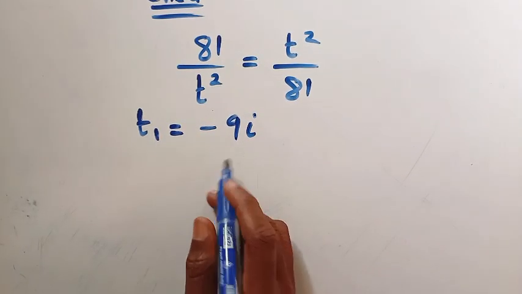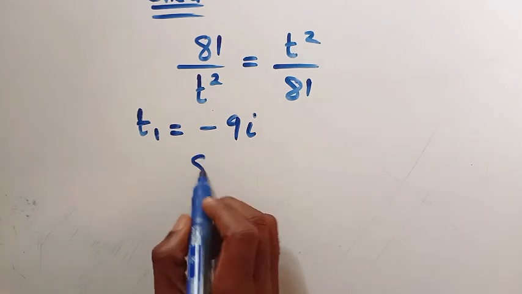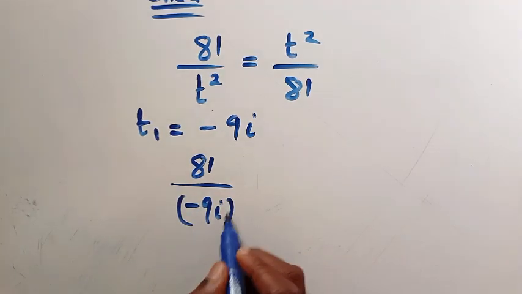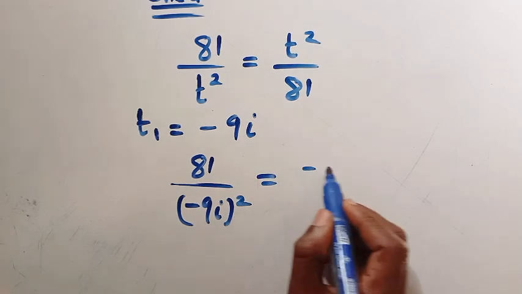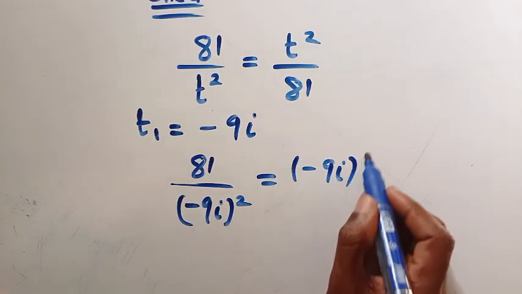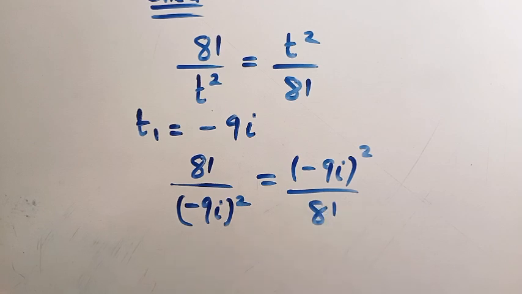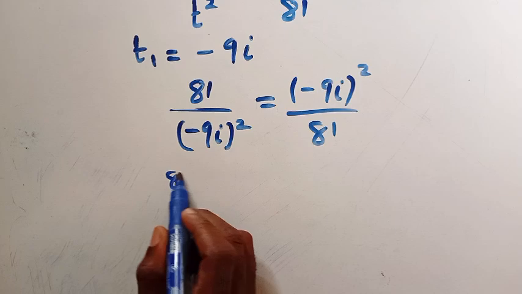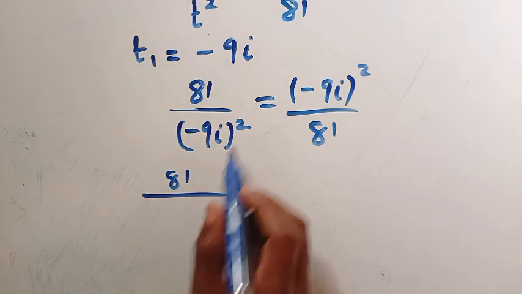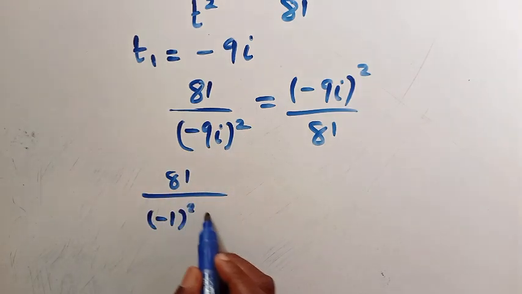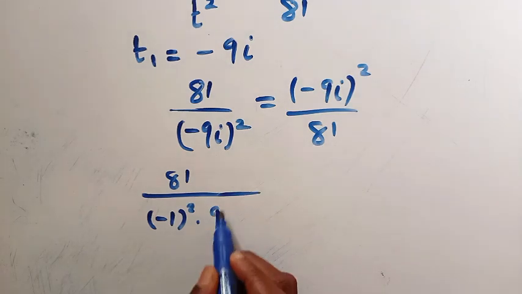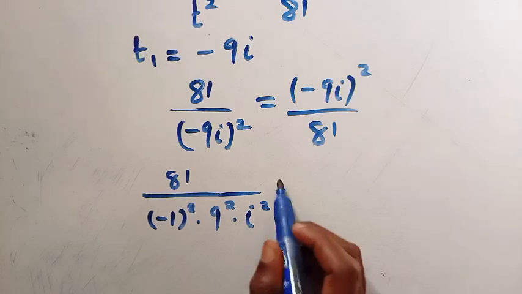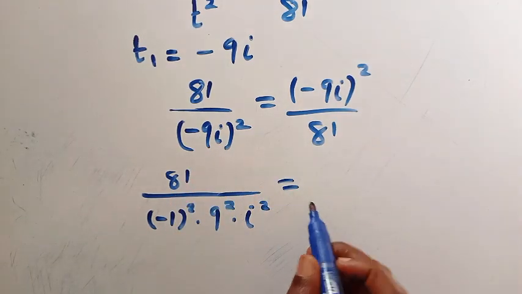If t equals minus 9i, applying the same format, we have 81 over minus 9i squared equals minus 9i squared divided by 81. One beautiful thing we have to note here is the first one will be 81 over minus 1 squared, then we have 9 squared and i squared. So there are 3 things inside this bracket.